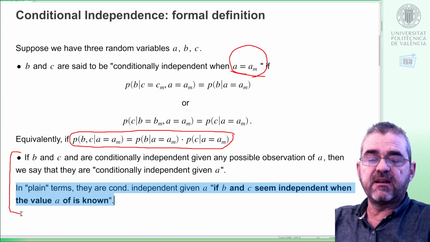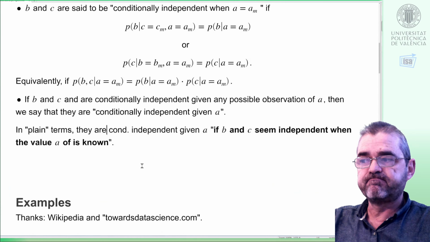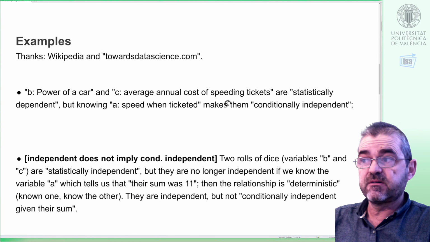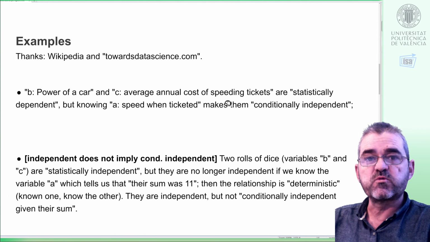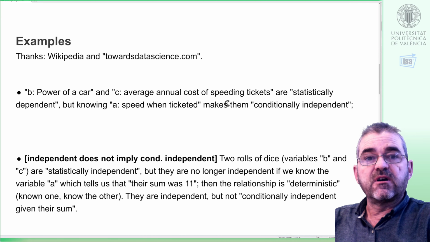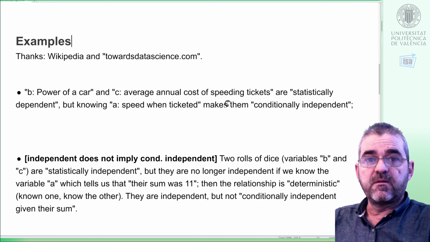Well, as I said, let's give intuitive examples. Let's first consider three random variables. Let's start by defining B and C, the ones whose relationship we wish to understand. So B will be the power of the car engine, and C will be, let's say, the annual cost of speeding tickets the owner gets.